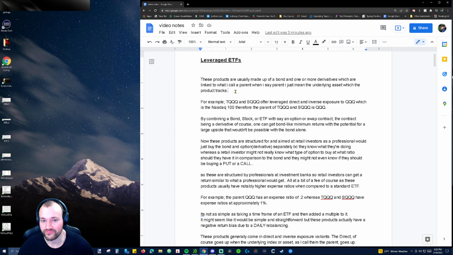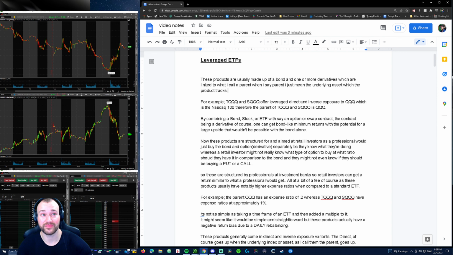Leverage products are usually made up of a bond or one or more derivatives linked to what I refer to as a parent or underlying asset. So, for example, when I say parent, you'll have things like I have over here on my monitor that's off to my side, that's vertical. I have SOXL currently and SOXS.